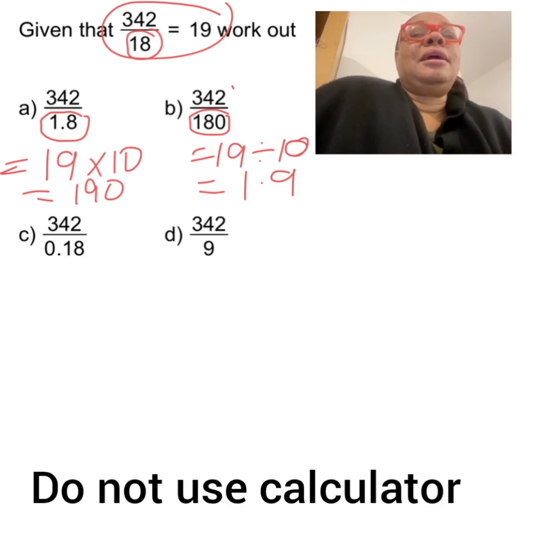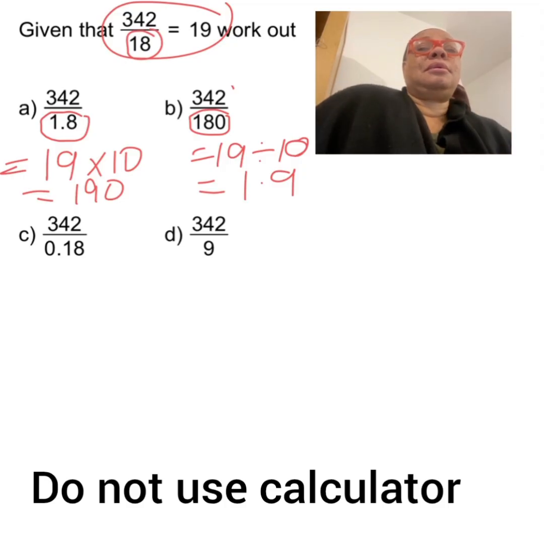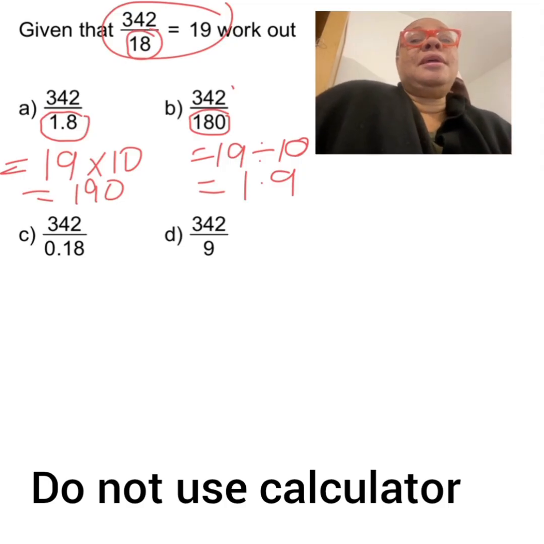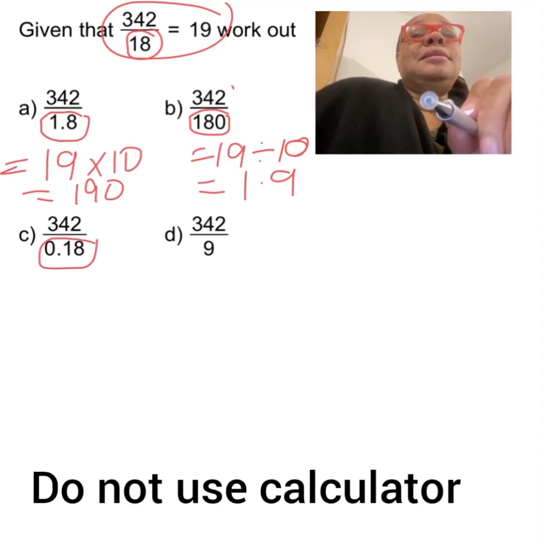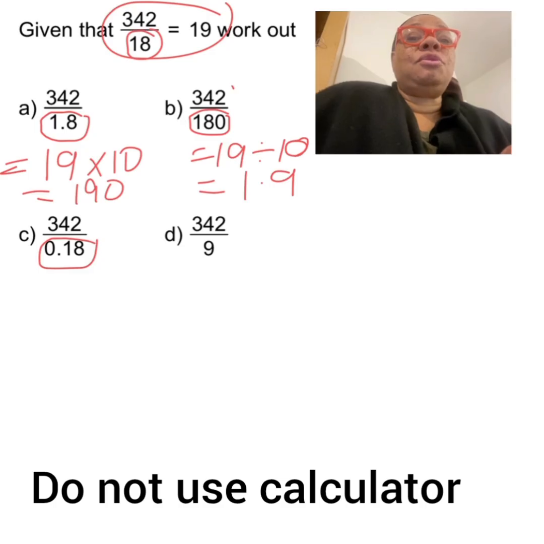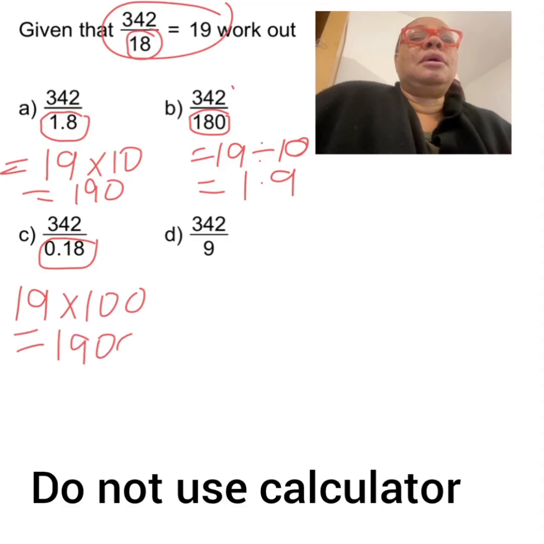In C, the denominator is 100 times smaller than the original denominator. So it means that our answer is going to be 100 times bigger. So that's equal to 1,900.